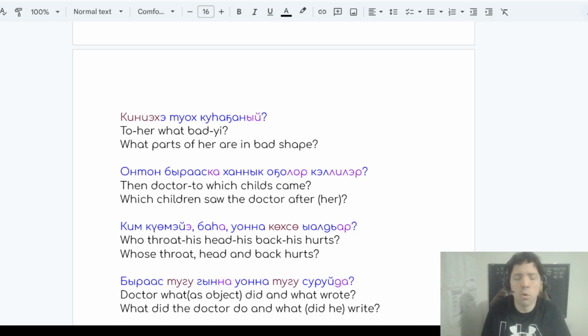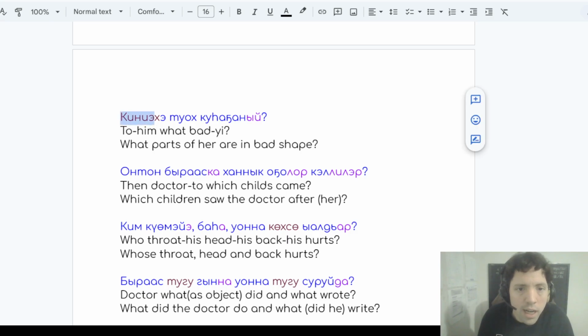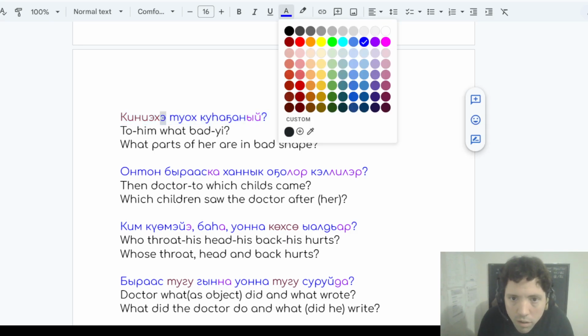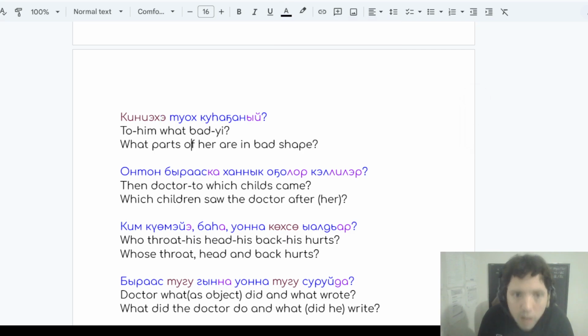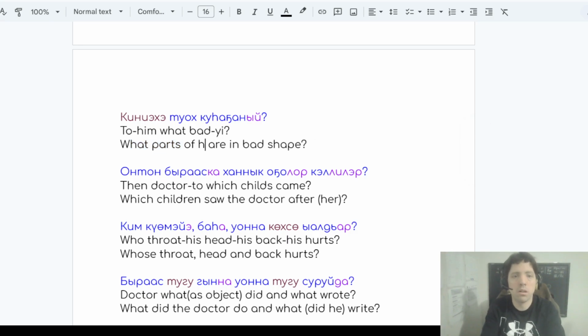It could be him or her, but I'm going to say him in case it's related to the previous sentence. Yorgun is a man. Kinieche tuach kuharani. That E should be the same color. What parts of him or her are in bad shape? What parts of him are in bad shape?